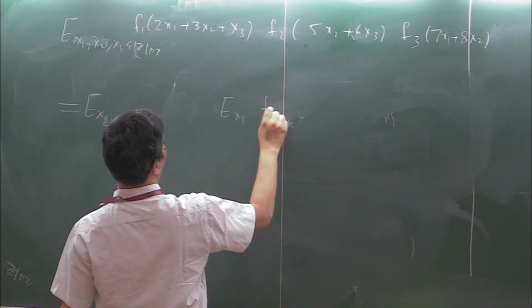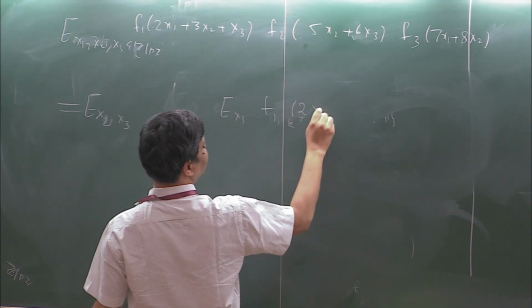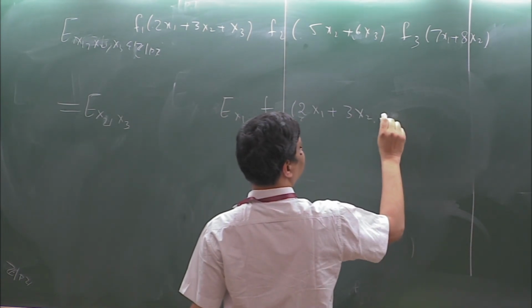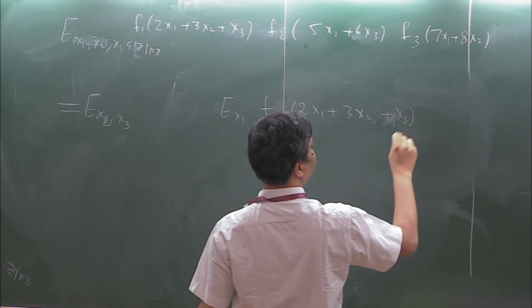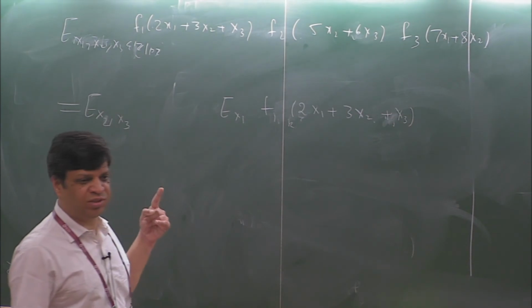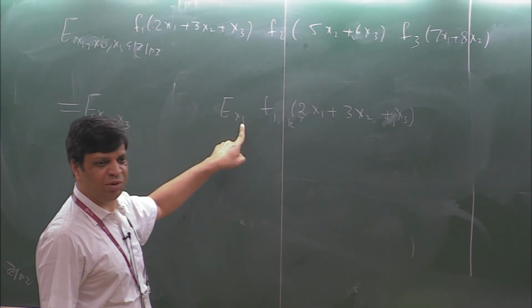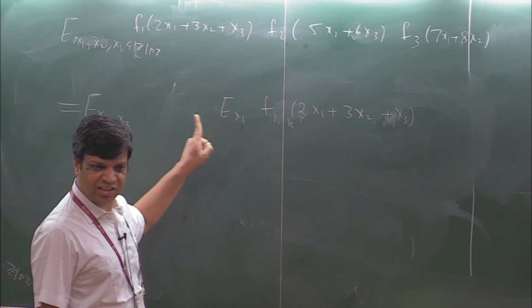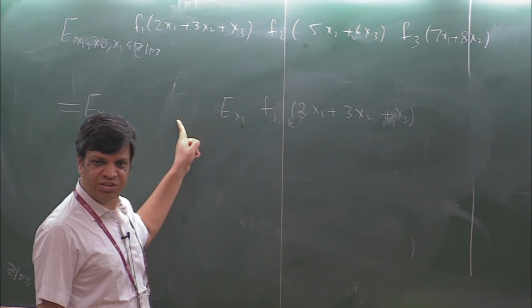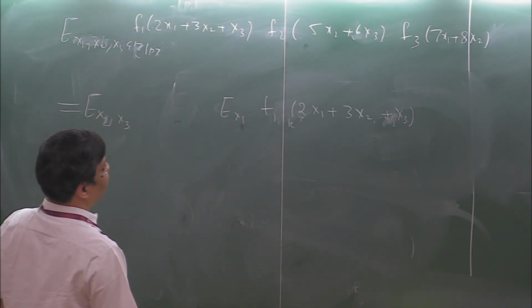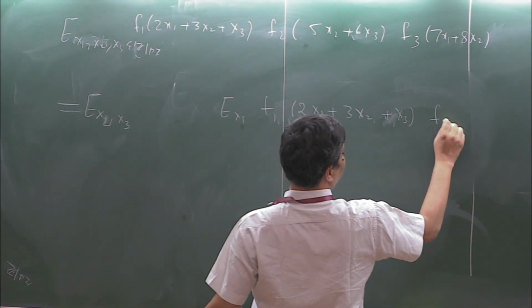Of course the f1 will remain inside. According to the elements of this gamma 1, I will keep on applying it: take the element of one particular gamma 1 inside, and let the elements which do not depend upon it remain outside.